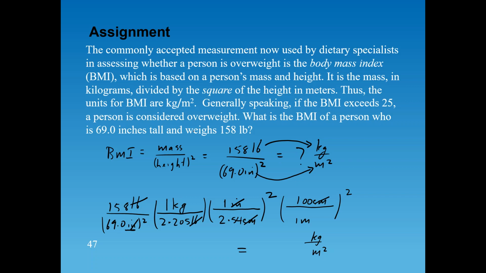And the reason why we need to round off to 3 sig figs is because we have 3 sig figs here, and we have 3 sig figs down here. Here we have 4 sig figs. Here, this relationship is exact. And the same is true for this relationship here. So we need to round off our answer to 3 sig figs. And therefore, when I do that, according to my calculator, the answer becomes 13.3 kilograms per meter squared.